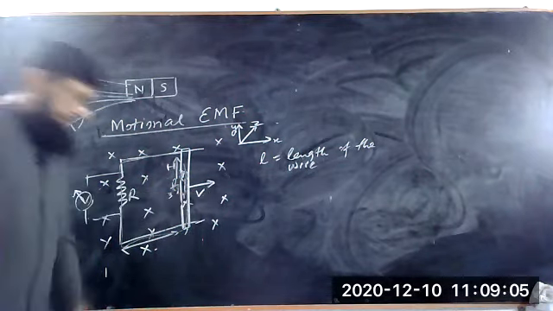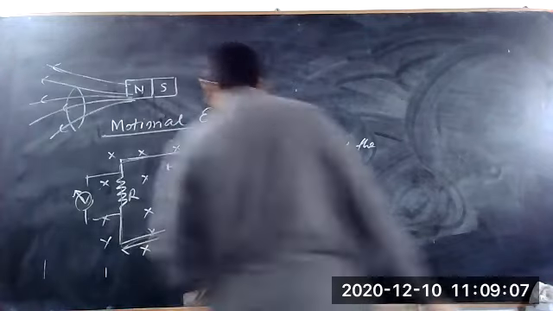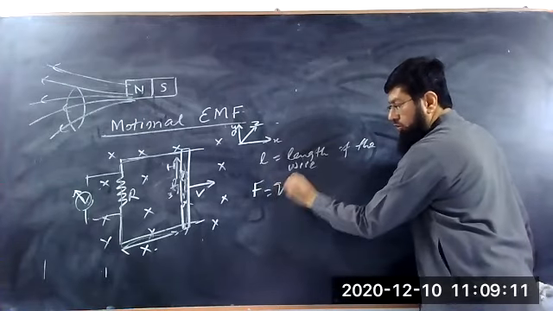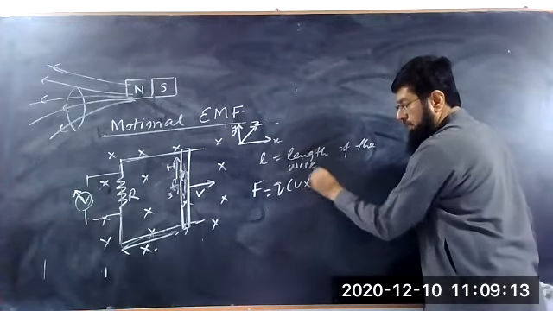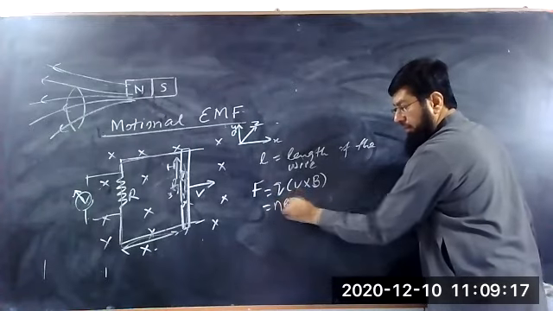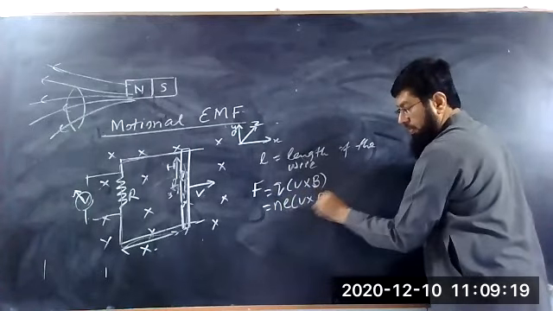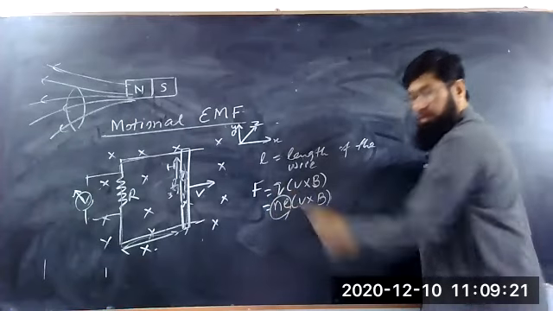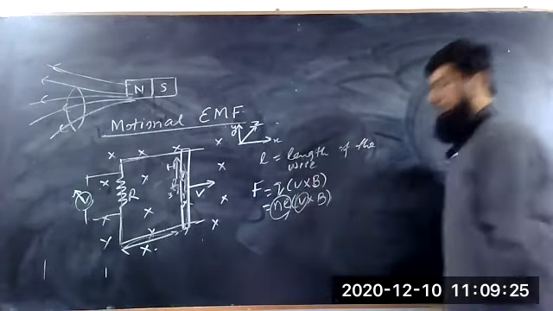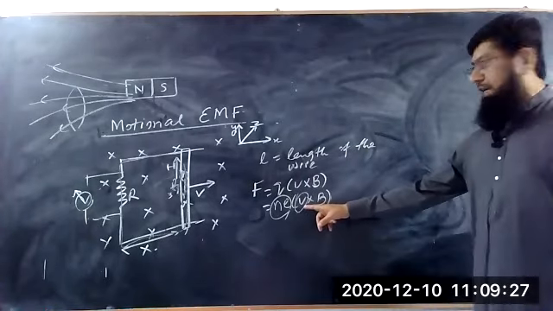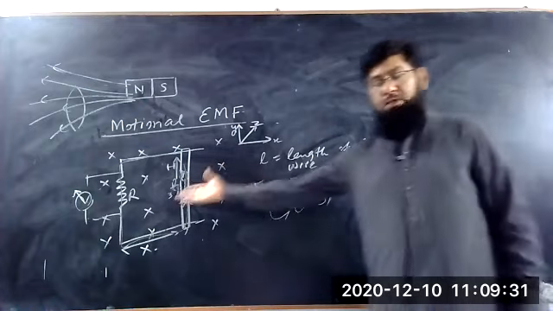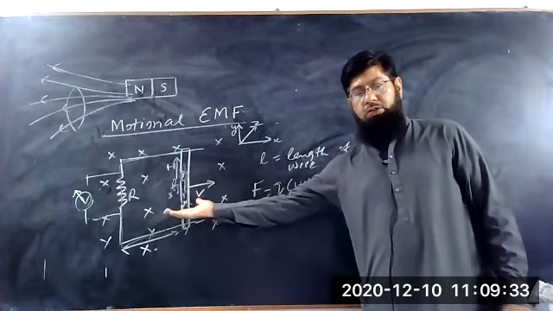Because if we stop moving the wire, the force F is equal to Q v cross B, where Q is the total electronic charge. If we stop moving the wire, the velocity is zero, so the force is zero, there will be no current, and no induced EMF.